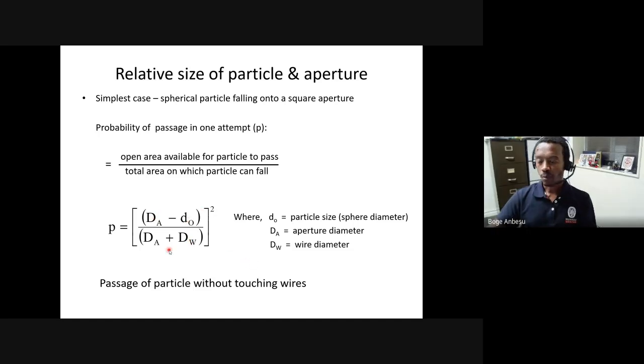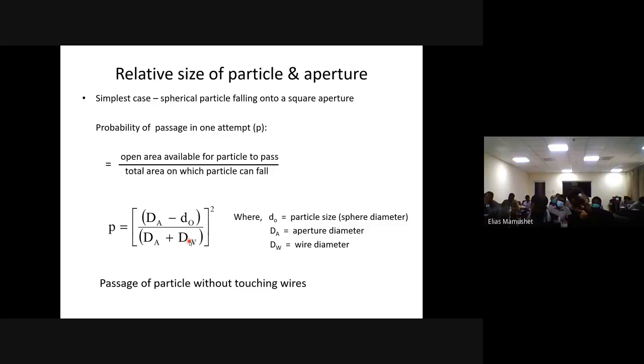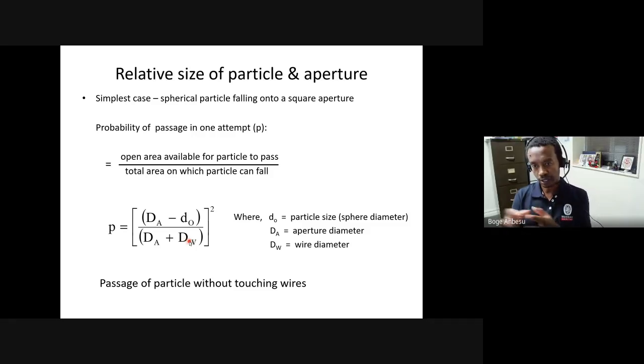And of course, if it's made from wire, it is the wire diameter, given by D_W here. So probability of passage will be higher if the diameter of the aperture is higher, which means the open area is higher. Probability of passage will be reduced if the diameter of the wire is increased. For example, if the wires used to make the screen are thicker, you are reducing the open area significantly, and therefore your probability of passage should decrease.